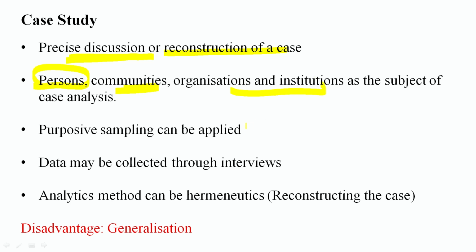Normally we use purposive sampling in almost all qualitative research. The advantage of purposive sampling is you can achieve your research objectives by identifying the right respondent. Data may be collected through interview forms. Normally data is collected either by observation or by interviews.